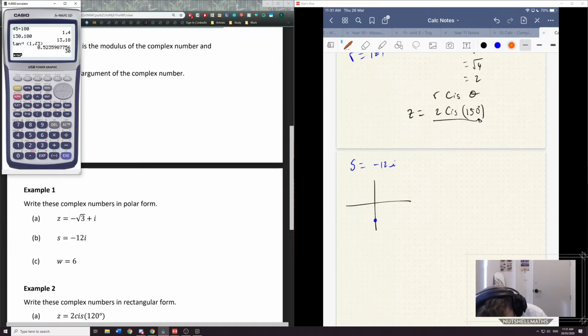So if I created a complex number like this, I can already think about the angle straight away. The angle I turn through is going to be minus 90 degrees. Minus 90. Okay, it's got to be minus 90.